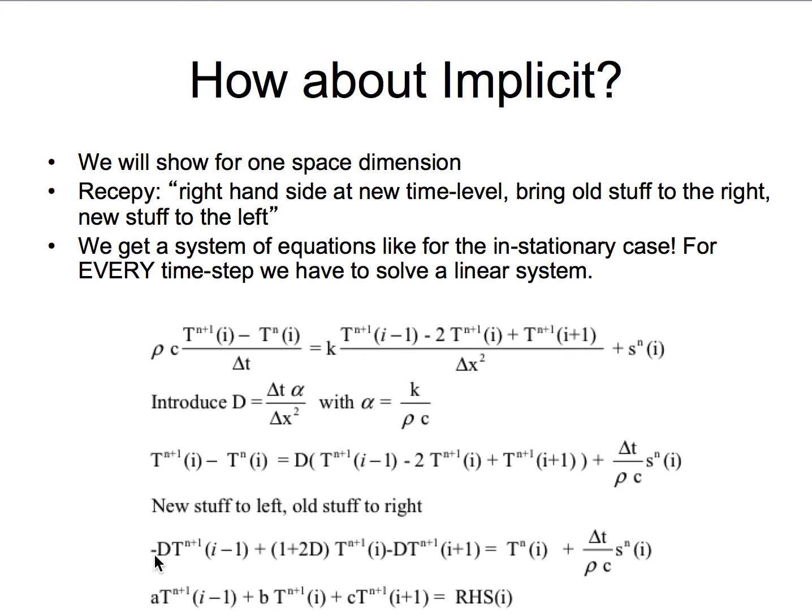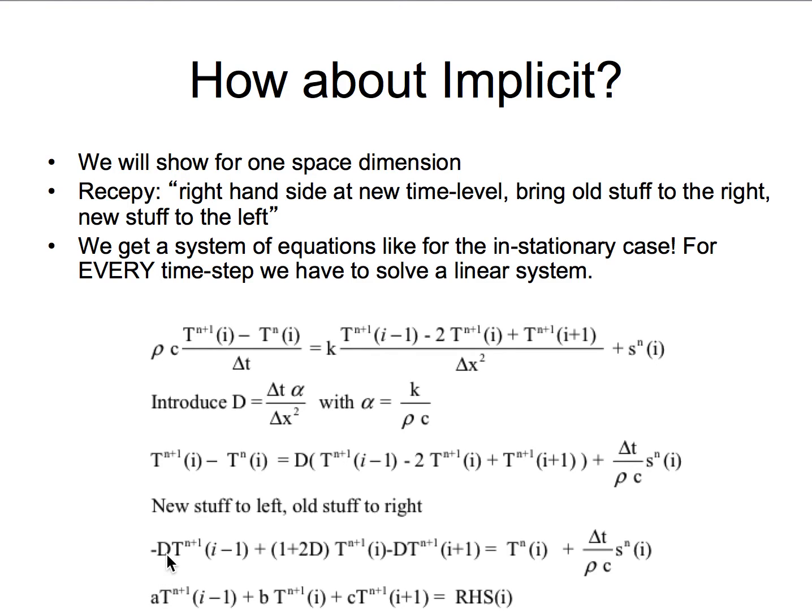To stress the fact that we have an equation very similar to the stationary case, I've also written down the equation in the ABC form, introducing the coefficients a, b, and c for the points at i-1 left neighbor, i central point, and i+1 right neighbor.